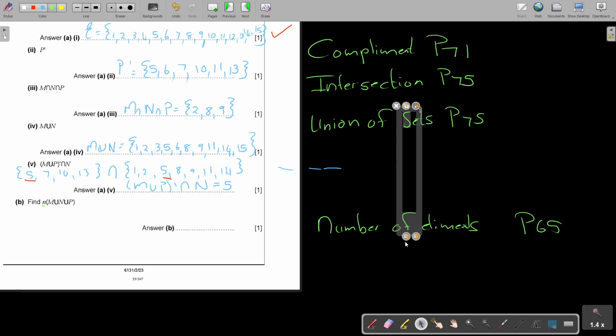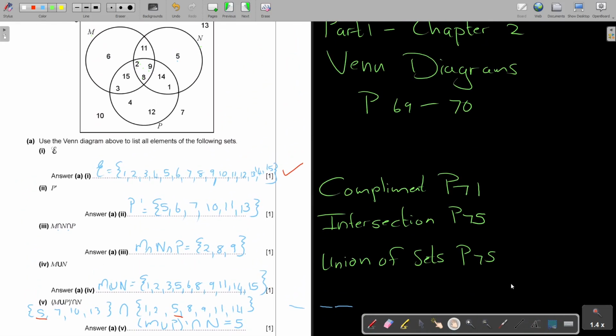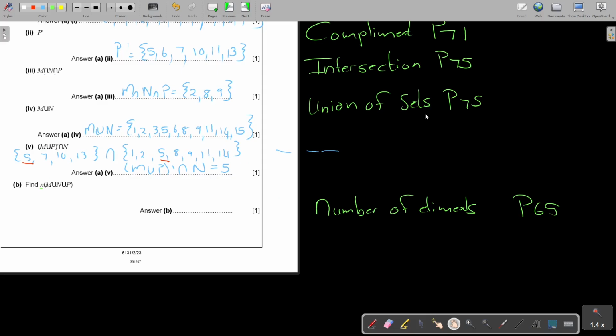So if I look here, all the elements, I'm just going to start counting, and it doesn't matter where you start. Sometimes it's good if you use a pencil and you just say 1, 2, 3, 4, 5, 6, 7, 8, 9, 10, 11, 12. And what is that answer going to be? That is going to be 12.